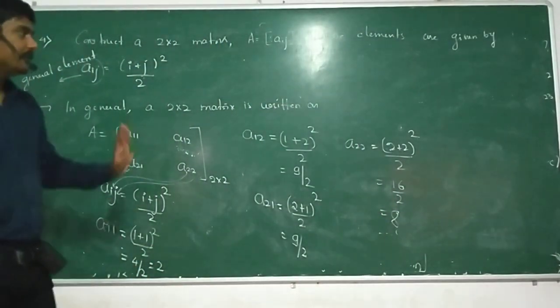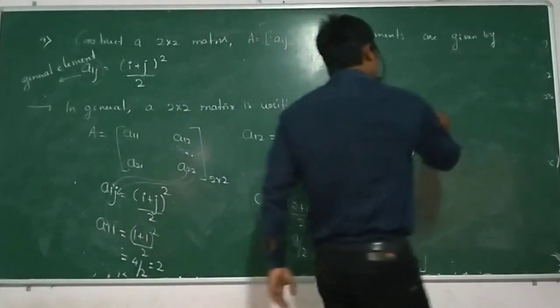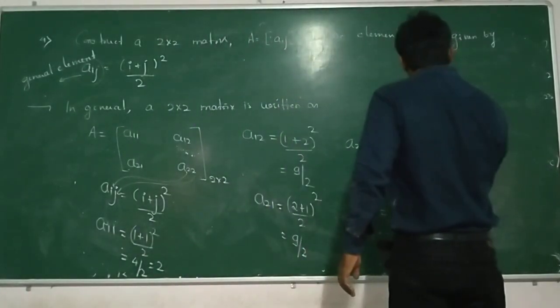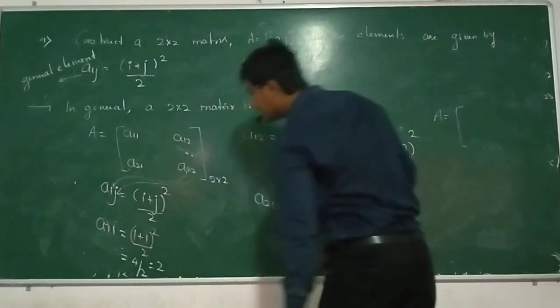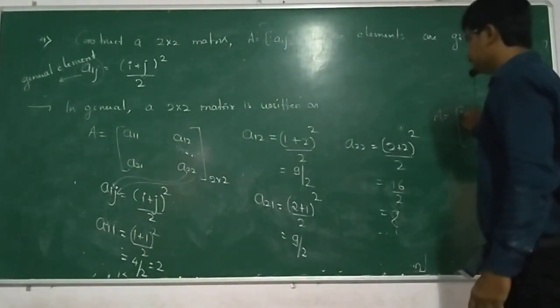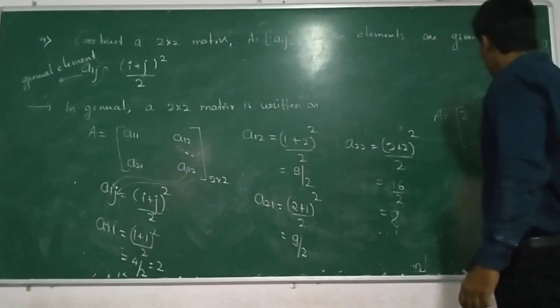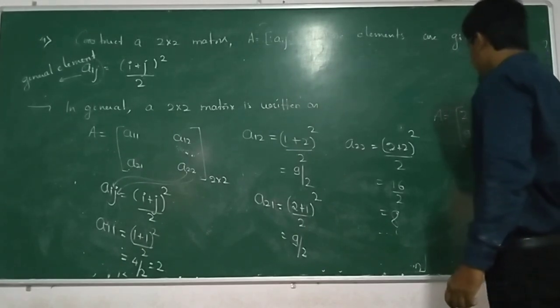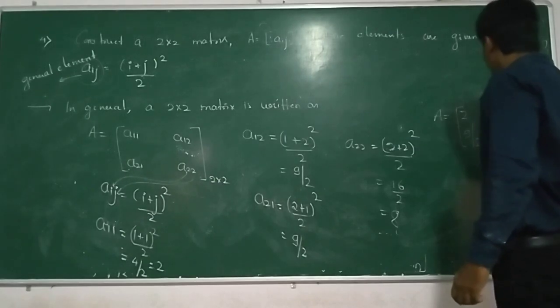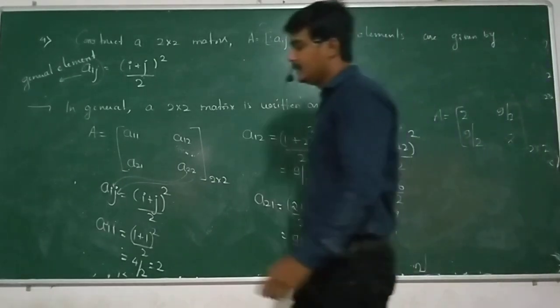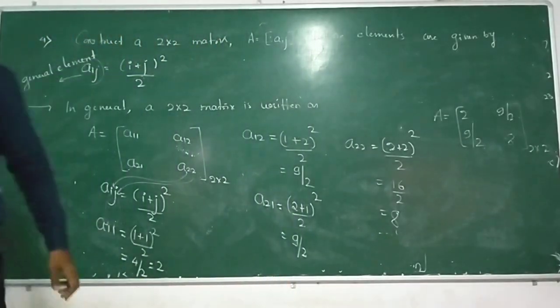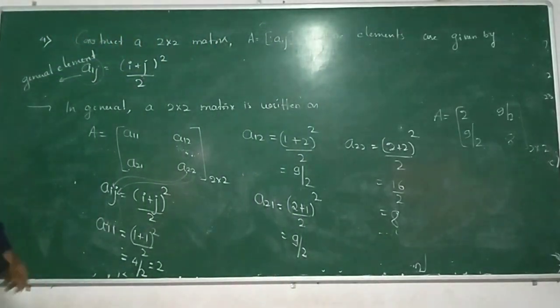So whatever elements you have found out, you write down in the matrix A. A11 we have obtained as 2, A12 is 9 by 2, A21 is 9 by 2, A22 is 8. Right, this is how we construct the matrix using the general element.